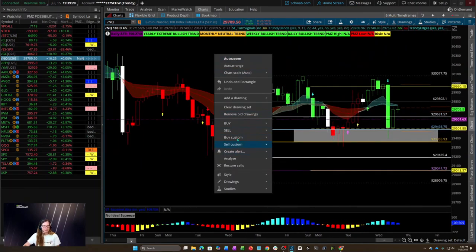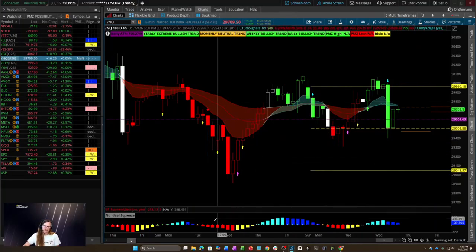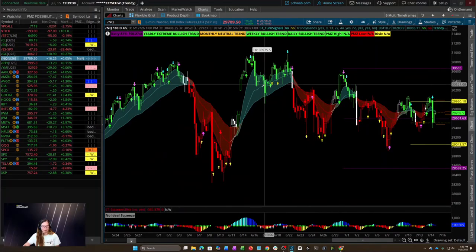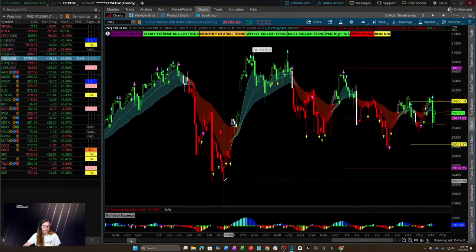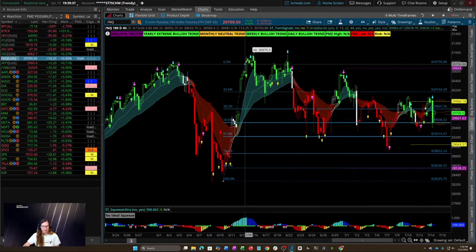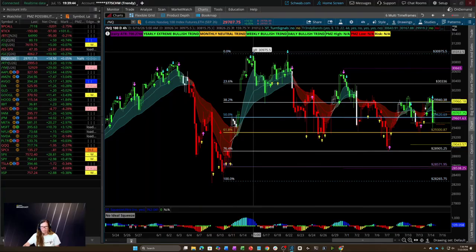Renata asked, couldn't you just measure any range that you wanted to trade? Sure. Let's say that I wanted to use this 4-hour chart, but I wanted to use this range here, all the way from this pivot low to the all-time high. You can use this range if you wish, right?